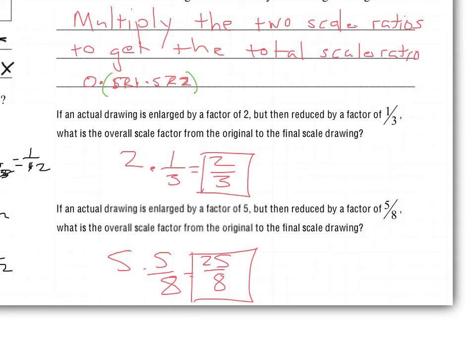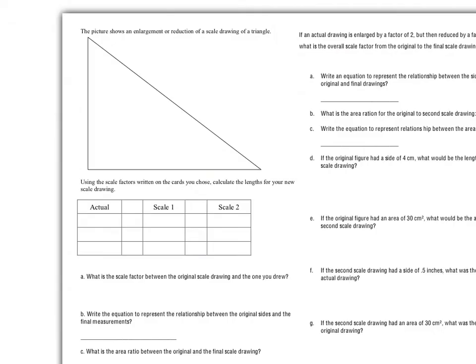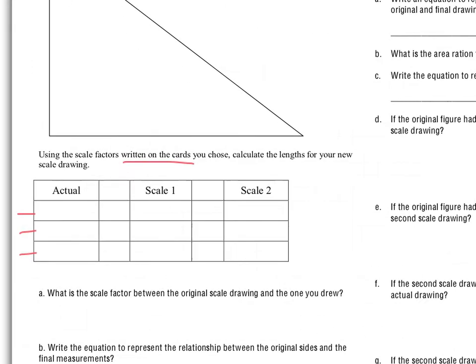I'm going to have to give you a little bit more instructions since you're going to be working independently on the partner work time. So go ahead and flip over your partner work time. Here you're going to measure the lengths of this particular triangle and put them in these three boxes. Since you're not going to be involved with the partner work time that everybody else is going through, you're not going to get two cards, so I'm just going to give you the scale factors that are on your two cards.